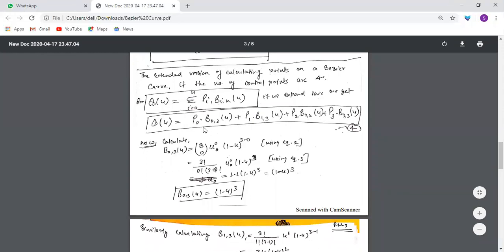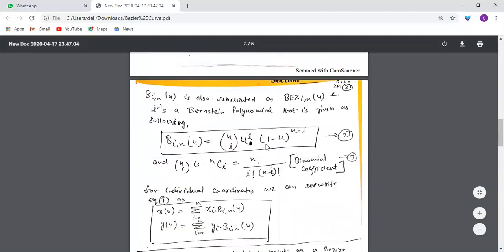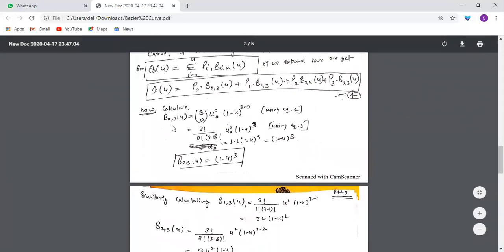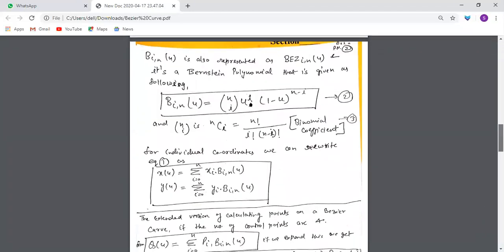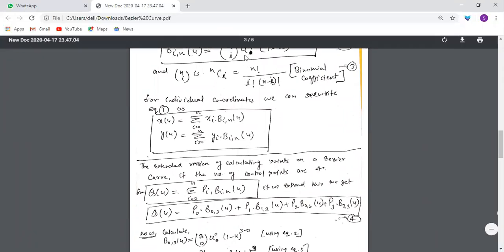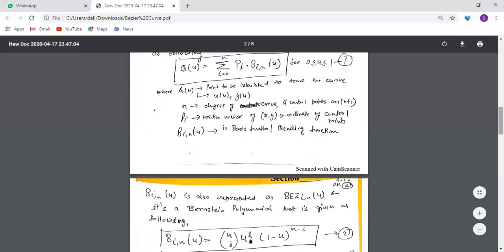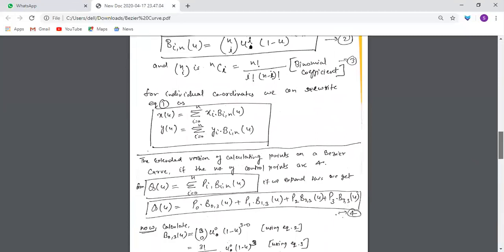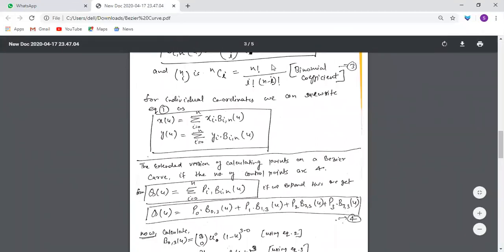Now we have to calculate the value of these blending functions b0,3, b1,3, b2,3 and b3,3. That we will calculate using this Bernstein polynomial. So how will we calculate b0,3? Using this formula: this binomial coefficient 3 choose 0 multiplied by u to the power 0.